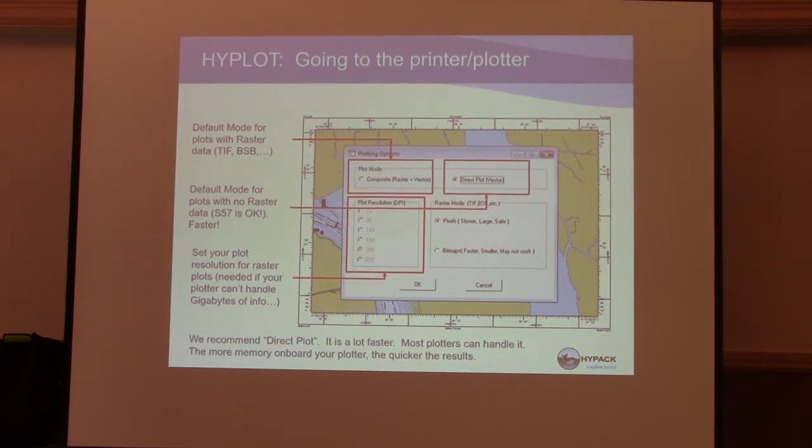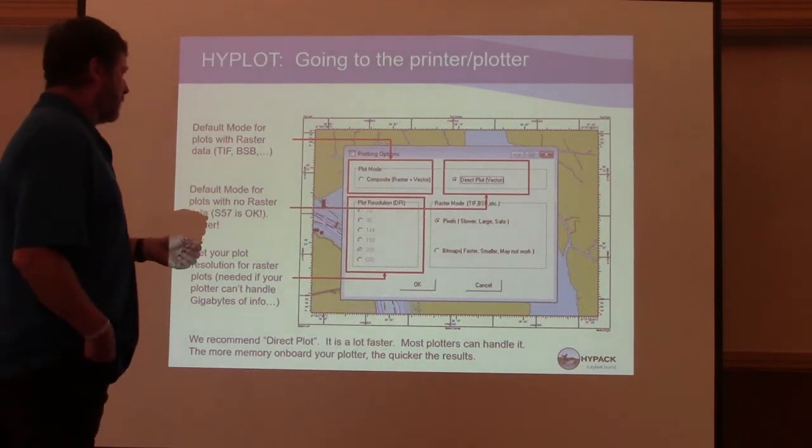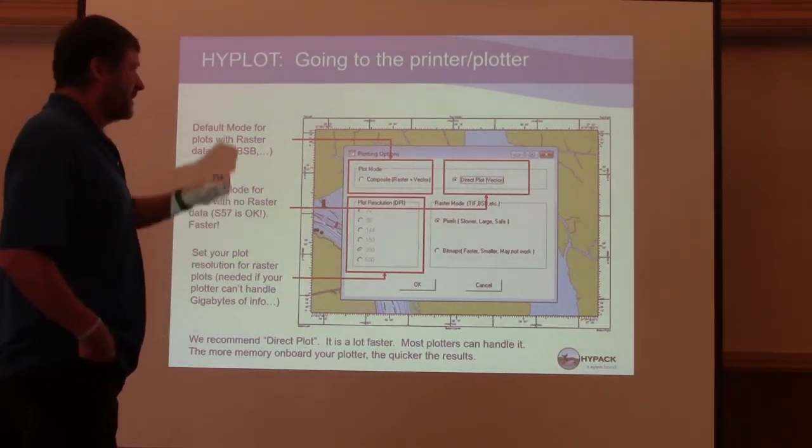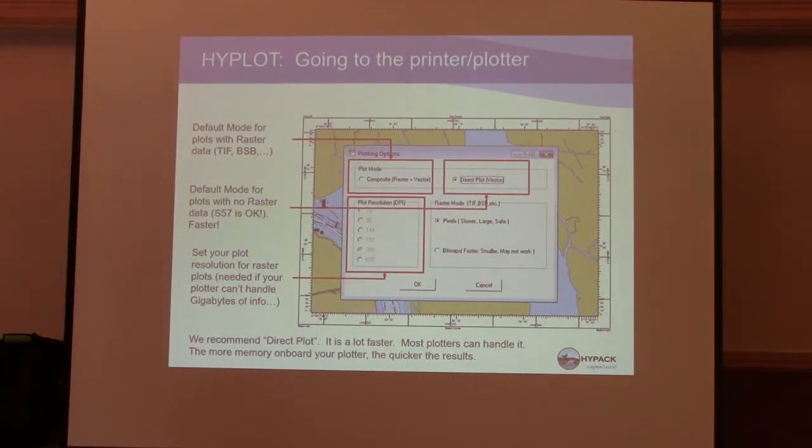The vector stuff being mostly DGN and DXF files and so on. The raster if you're doing TIFF files or RNC charts and so on. And it'll basically plot all that to scale. The direct plot is specific to vector stuff.